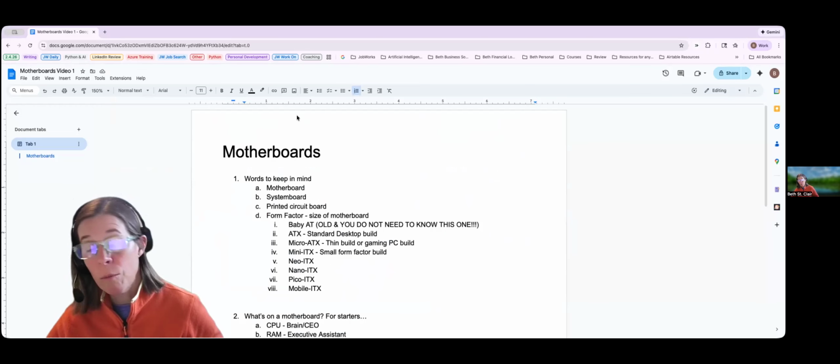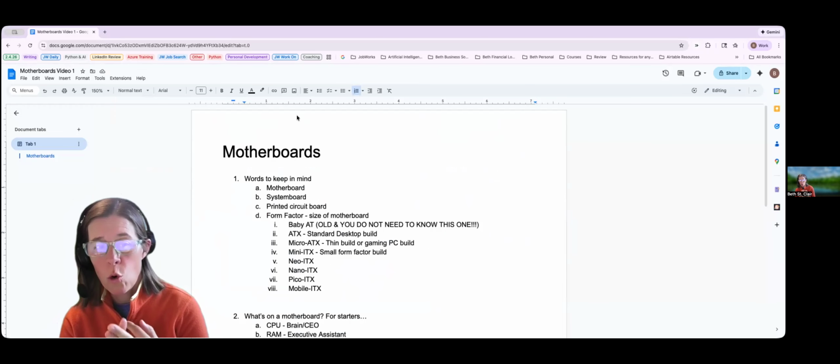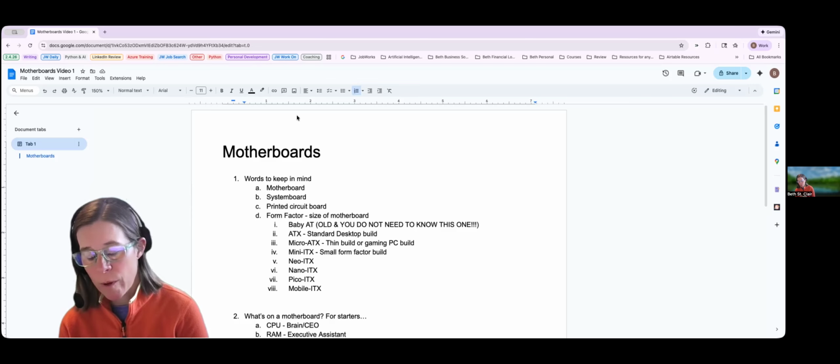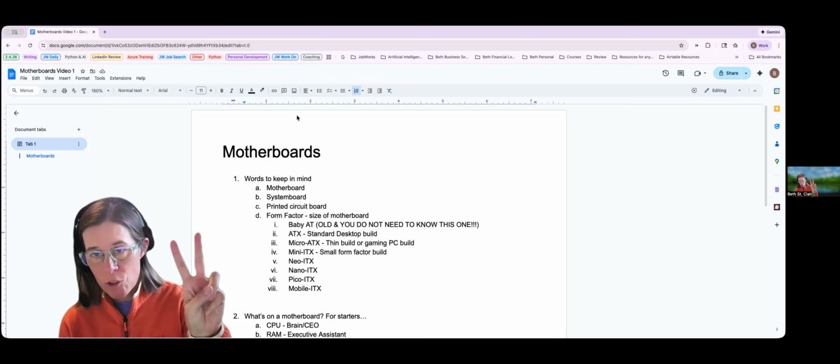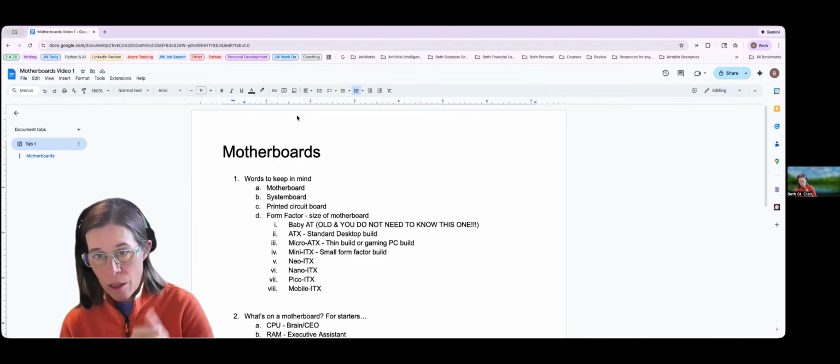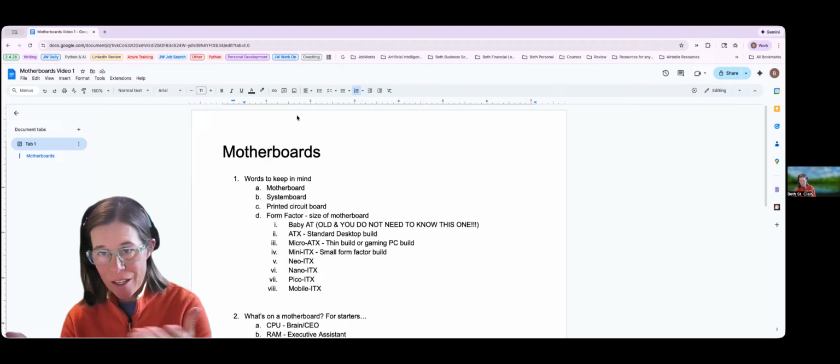Before I get into a description here, words to keep in mind. It could be called the motherboard, the system board, or a printed circuit board. That last one really describes what I'm about to explain to you. We have two analogies we can work with here. The first analogy is a city and the grid that goes into making a city.